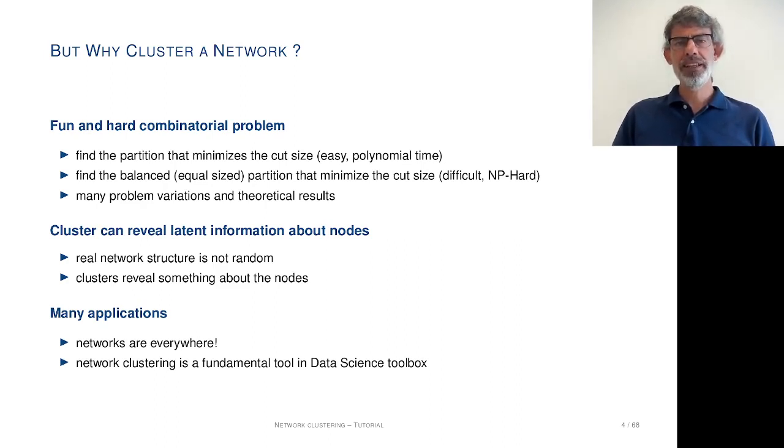So why should you cluster a network? There are at least 2 reasons for doing that. The first is that it's a fun and hard combinatorial problem to determine the optimal clustering of a network. For example, finding a partition that minimizes the cut size, something that we're going to talk about here, is an easy problem and can be solved in polynomial time.